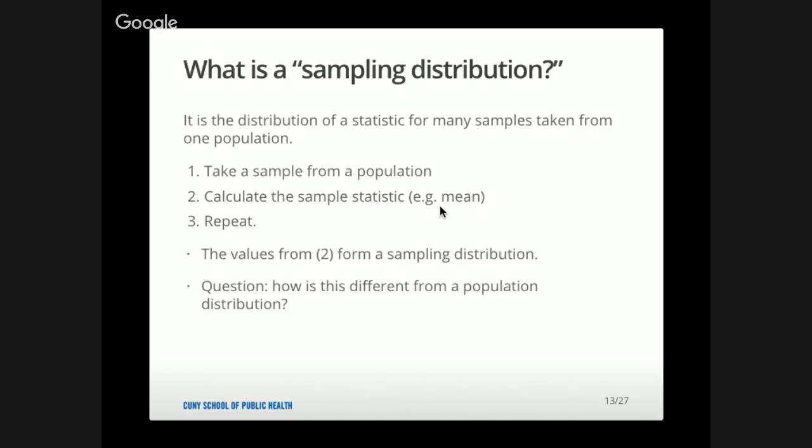So you can't get any kind of an estimate about your sampling distribution. If you have a sample of n equals 100, you have 100 individuals, which you could use to make some approximations about the study population, but you only have one sample. So if you calculate a sample statistic, like the mean, you just get one estimate of the mean. You're not taking multiple measurements along that sampling distribution.